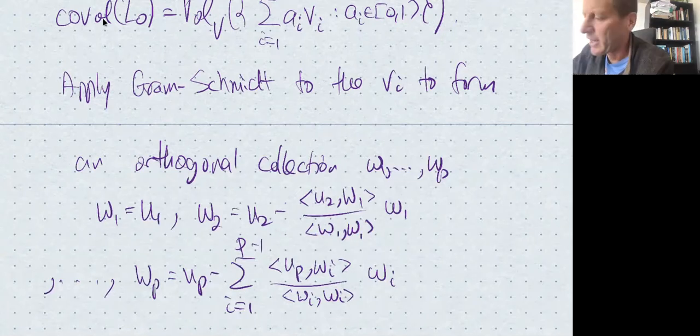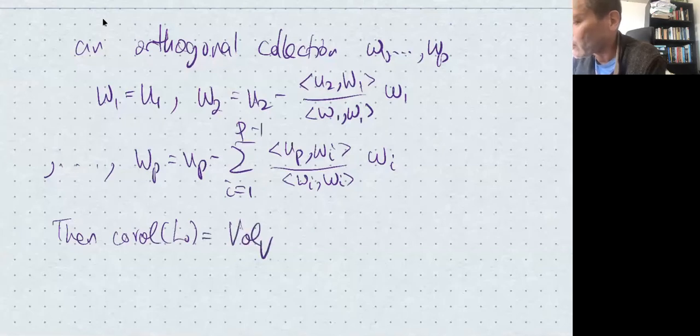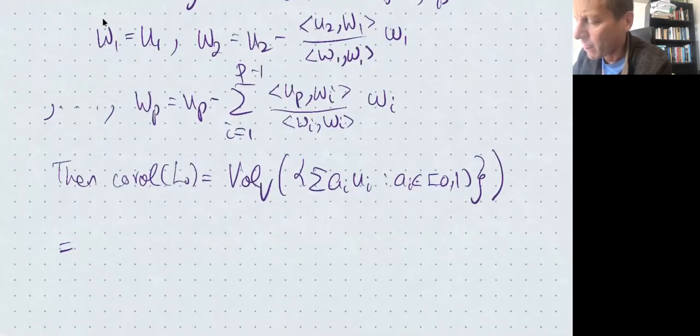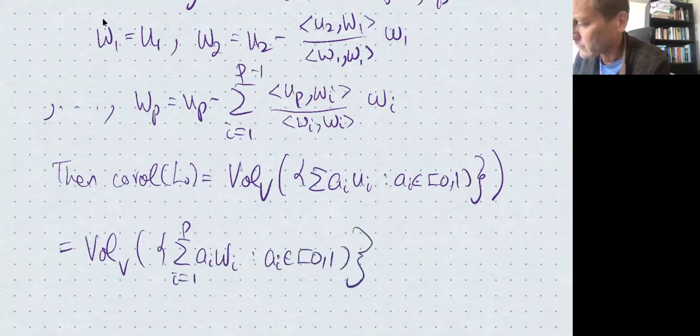Okay, so then the covolume of L0, which we already said is the volume of this set that we had before, is also the volume of another set, which is the box generated by the w_i's.